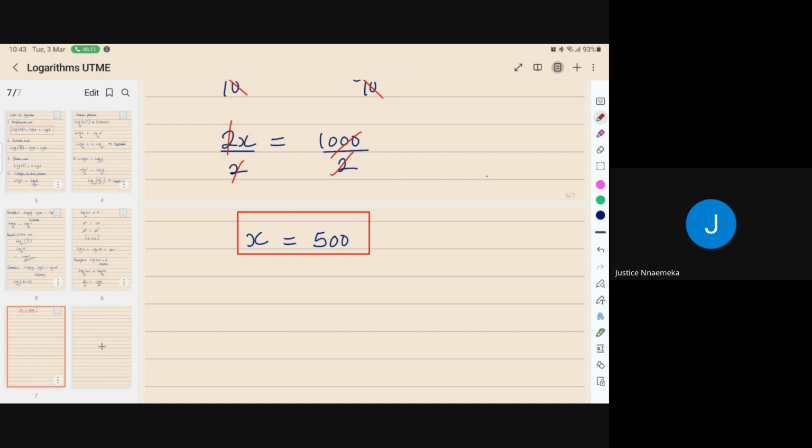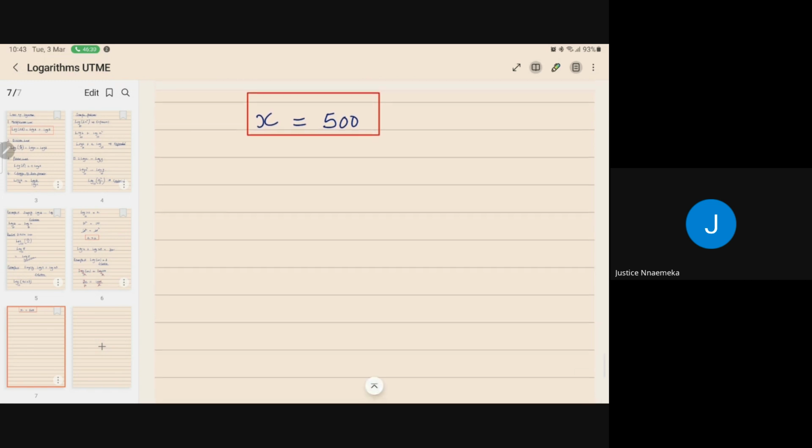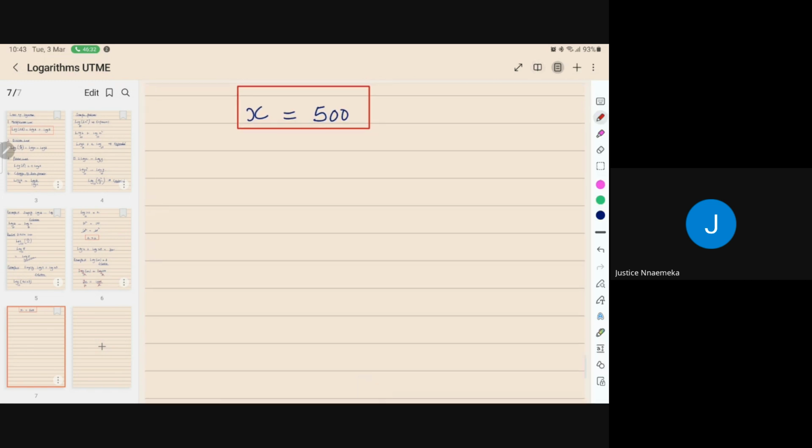Let's say that we are expected to do something like this. Let me move to your past questions now so that we can solve more questions on that. All right, so look at this very question number 16 for a particular year. I'm going to use that as my example number 4, right? So example 4.